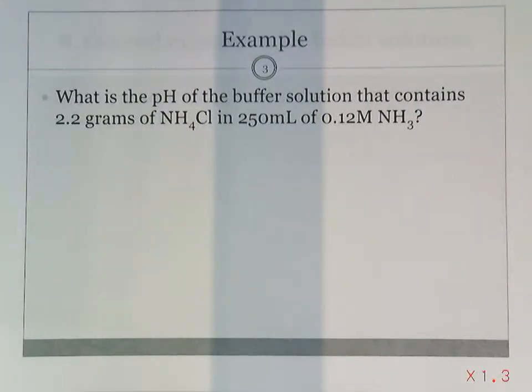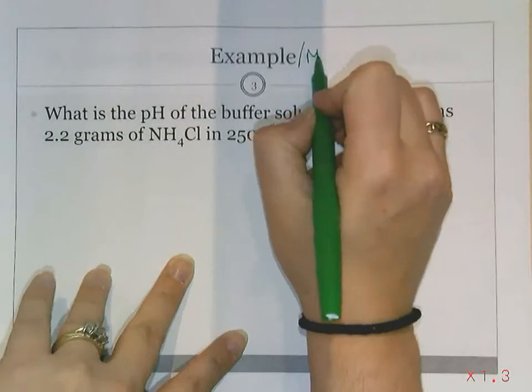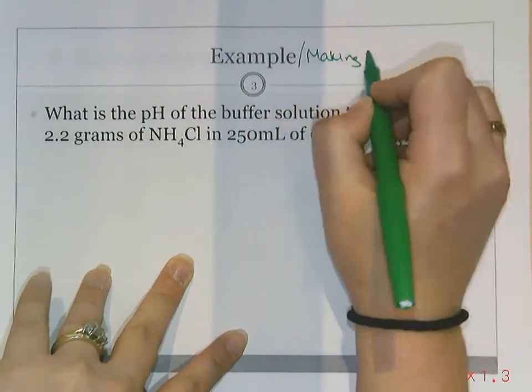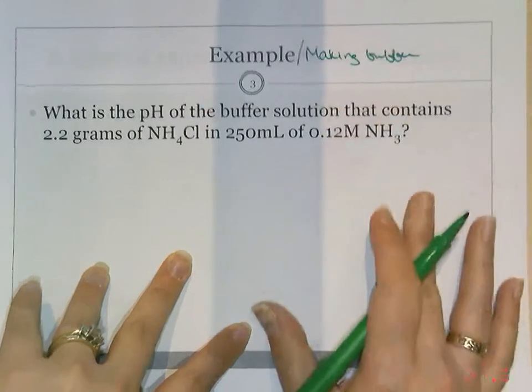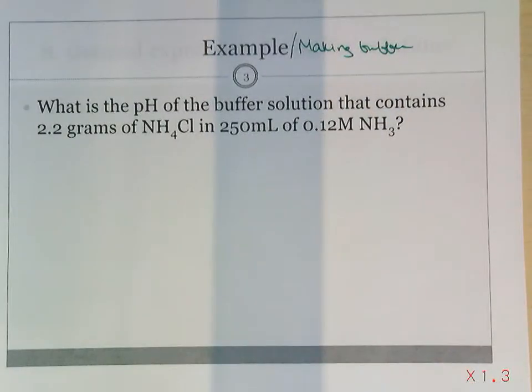This problem is just a making-the-buffer question. We're not going to do anything crazy to it. We're not going to add anything to it. We just have our two components, and I want to know if I add those two things together, what's going to be my pH of that solution.